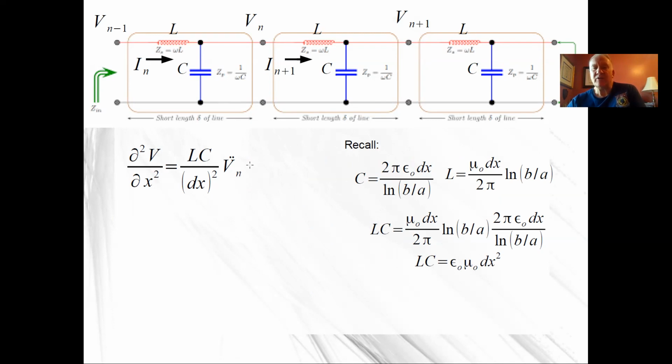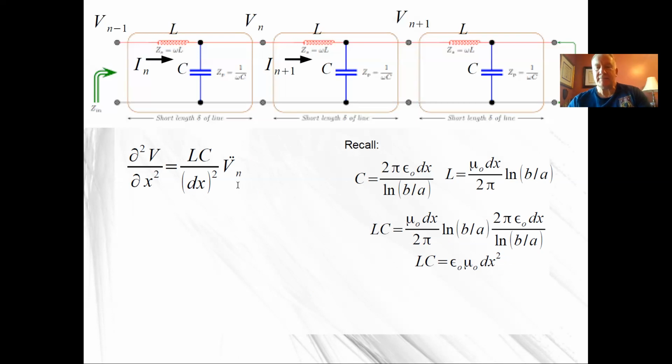So what I'm going to do is recall that C is equal to 2 pi epsilon naught dx over the natural log of b over a, and L is equal to mu naught dx over 2 pi, times the natural log of b over a. I'll multiply both of them together, and I end up with LC equals epsilon naught mu naught dx squared.